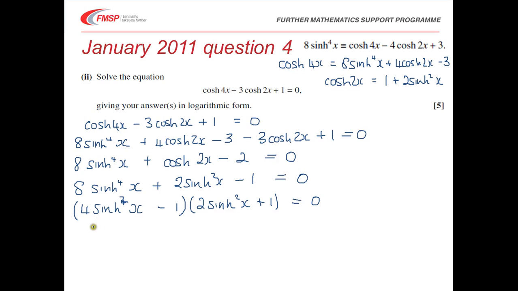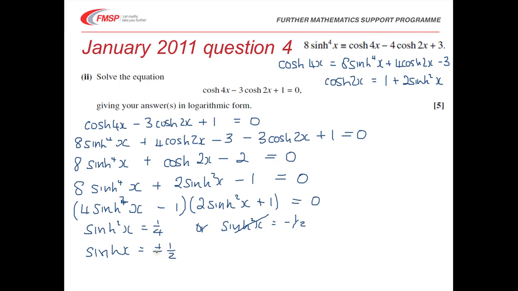So that tells us that sinh squared x is equal to a quarter, or sinh squared x is equal to minus a half. Now that one, of course, is not possible. And so we know that sinh x is equal to plus or minus a half.